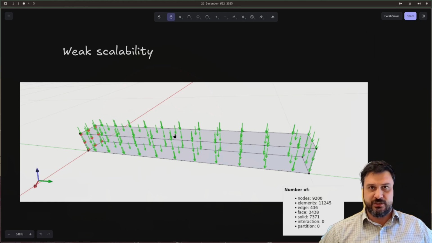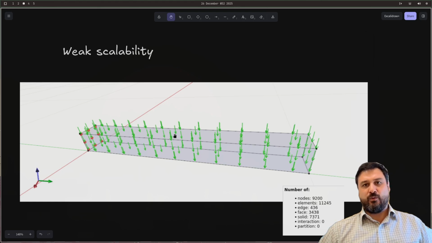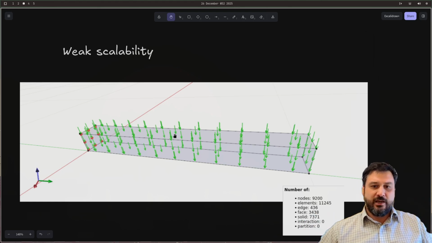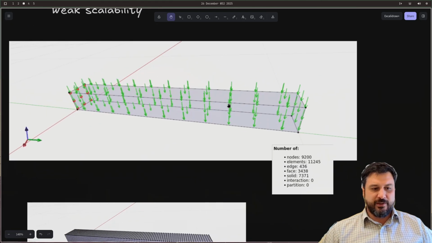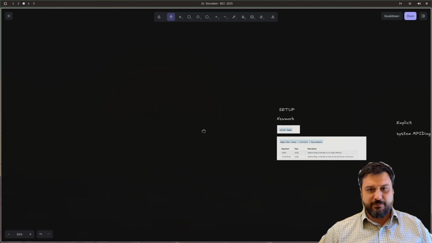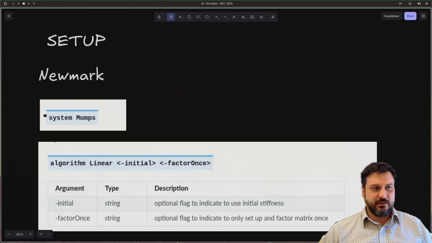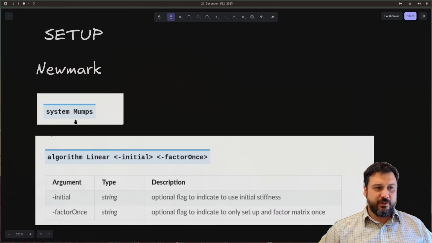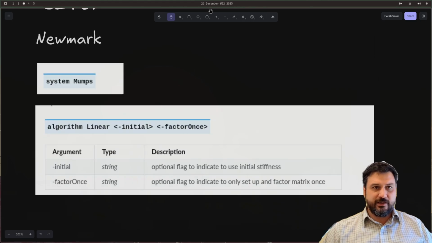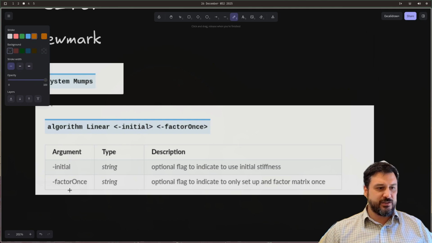So we run this, and then we're going to compare what happens as we add processors, and we use the different methods. So basically, our setup is going to be run that using Newmark with the MUMPS system of equations solver, and critically, we are going to be using the linear algorithm because it's a linear problem that we're trying to solve.